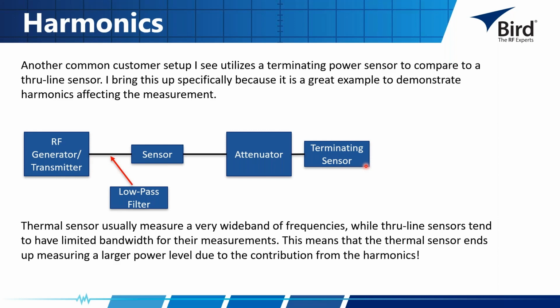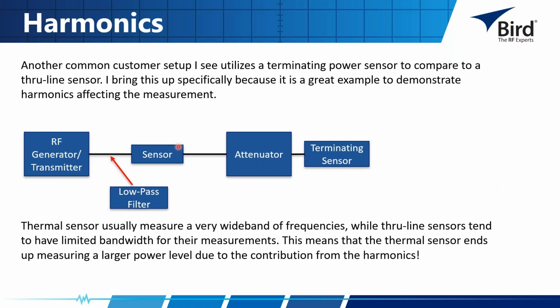So you could be measuring all kinds of harmonics that could be coming out of an RF generator transmitter, where on different through line devices that have the directional coupler style measurement are going to be more narrow band. And so they could have harmonics adding together constructively or destructively, kind of like when we were looking at the VSWR examples earlier.